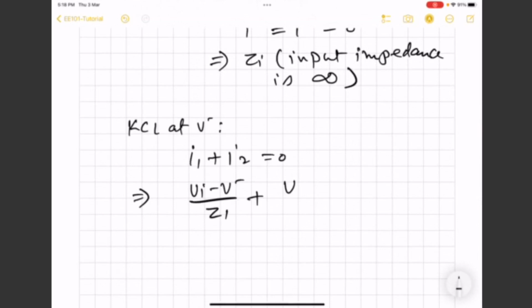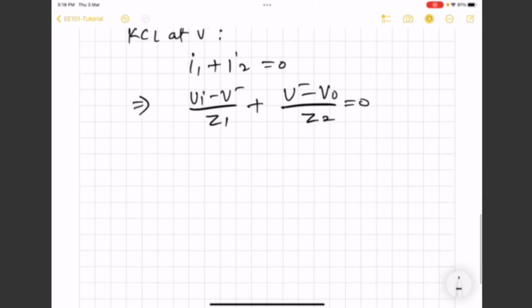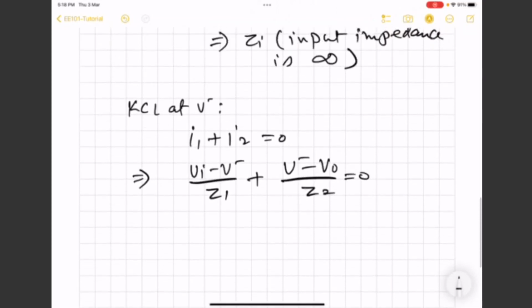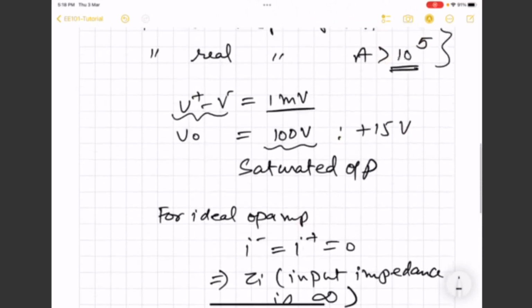And this one is V minus minus VO divided by Z2. We basically want to relate V minus and V plus voltages, so we can eliminate this VO from equation number 1.